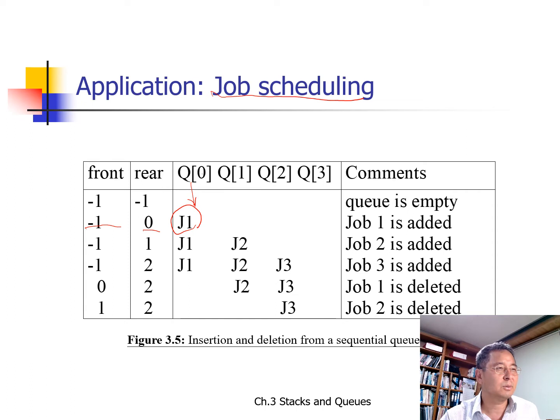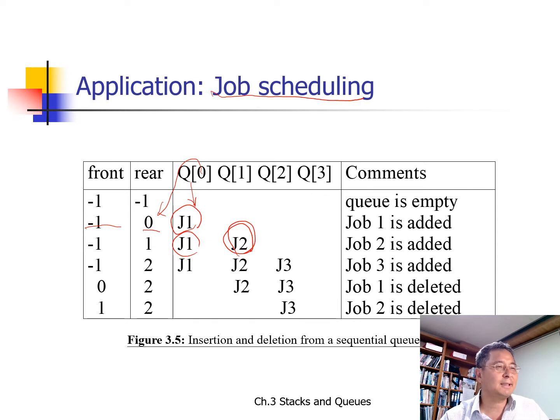So this index is 0 here. And when the second job, J2, arrives, then J1 and J2 will be stored in the queue.